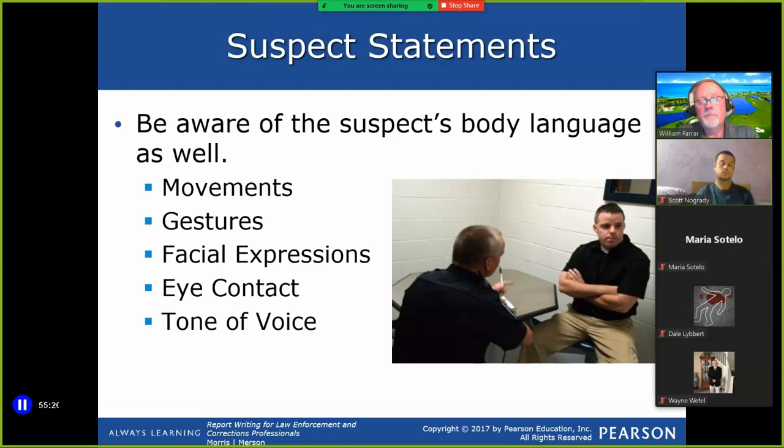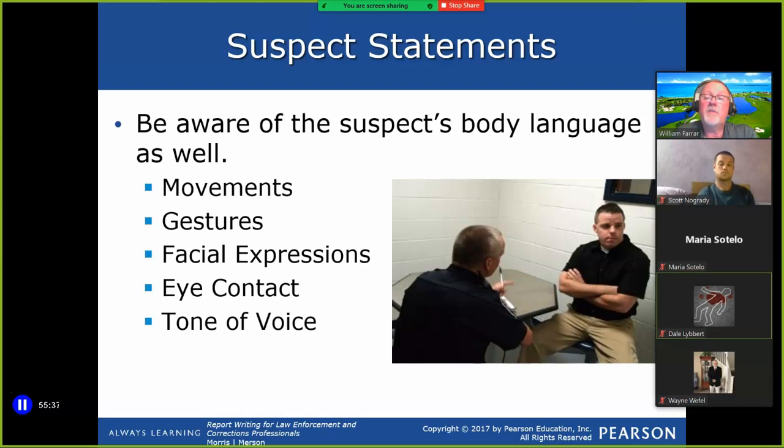Yes, question. Is body language interpretation admissible in court? Sometimes. I mean, you can basically say that the person appeared to be nervous based on my observations, and then you have to explain your observations.